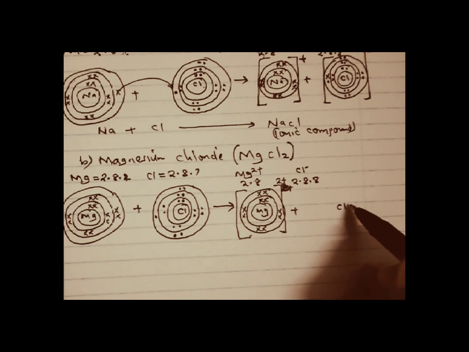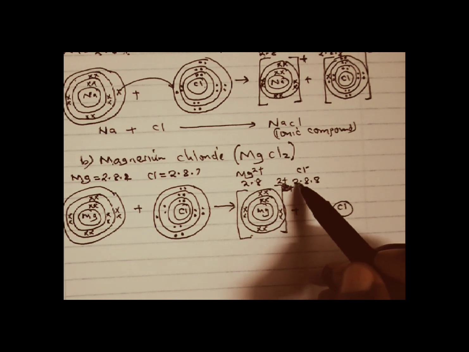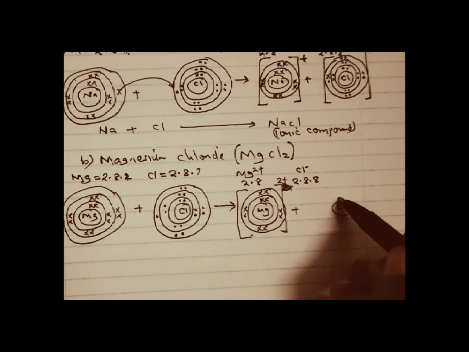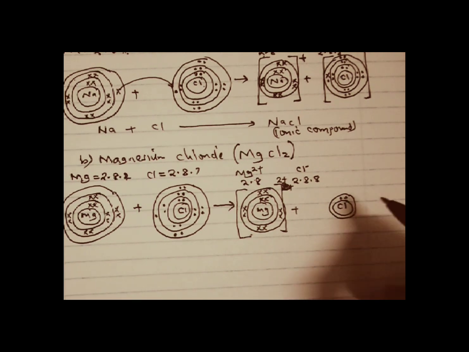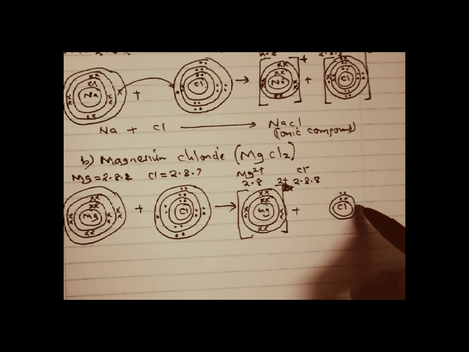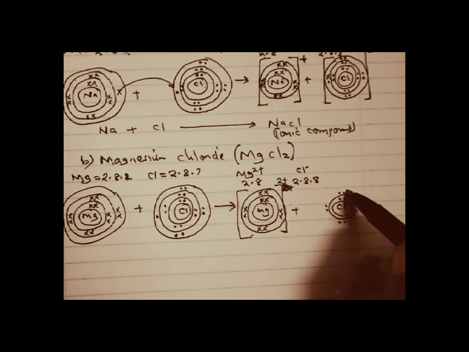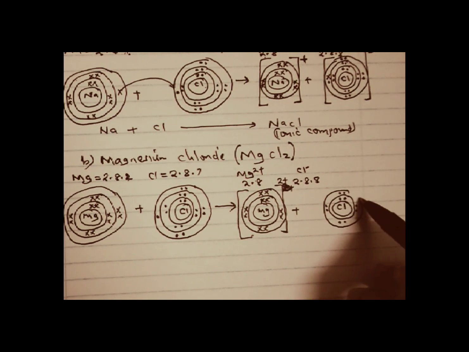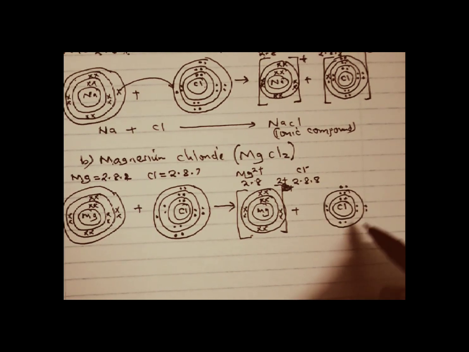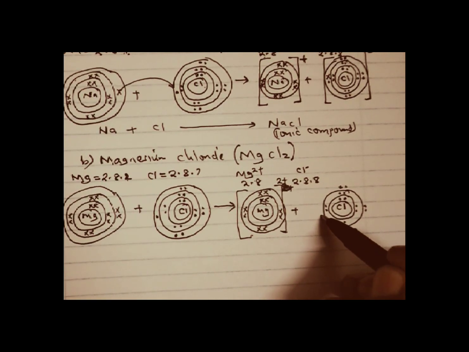so the chloride ion has an ionic arrangement of 2,8,8, so the first one will have 2, the second energy level will have 8, electrons, the third one will also have 8. Remember, initially it had 7.